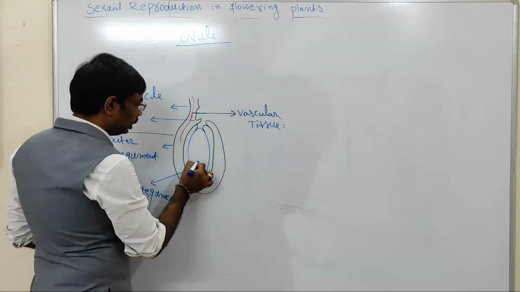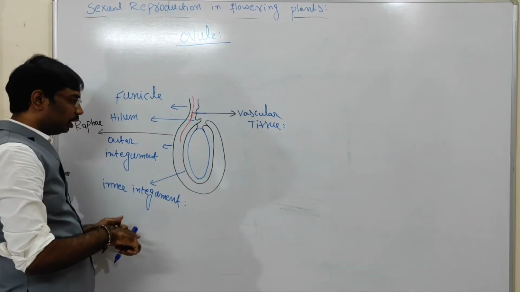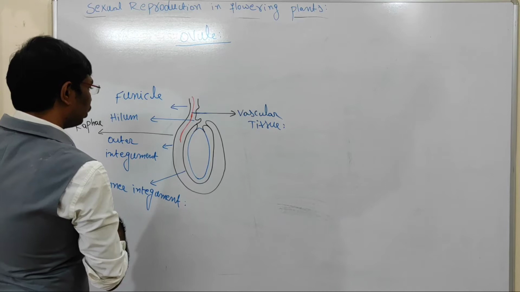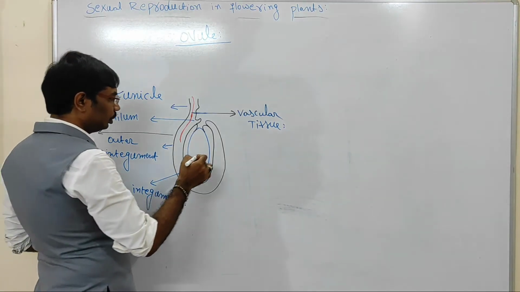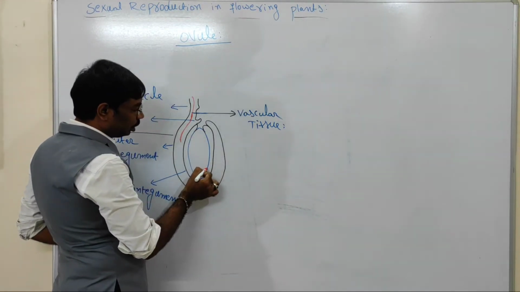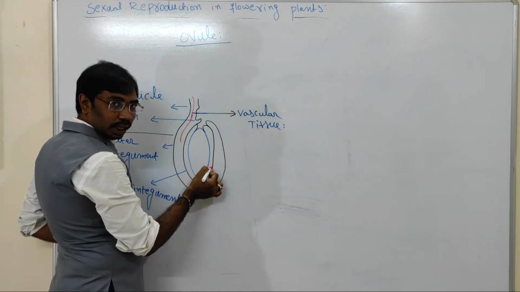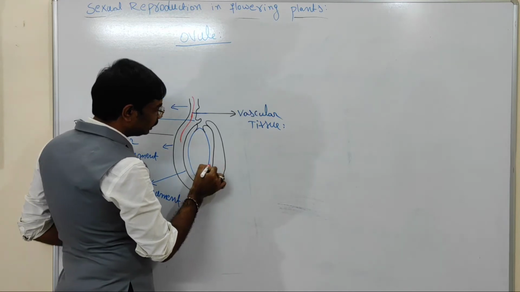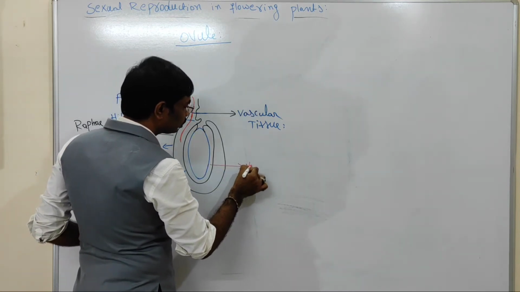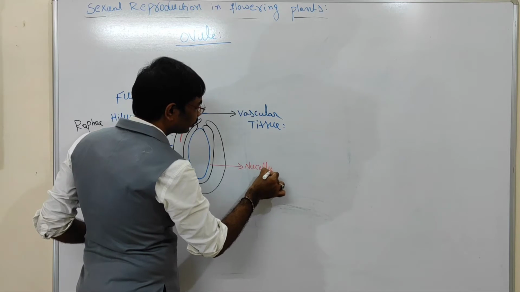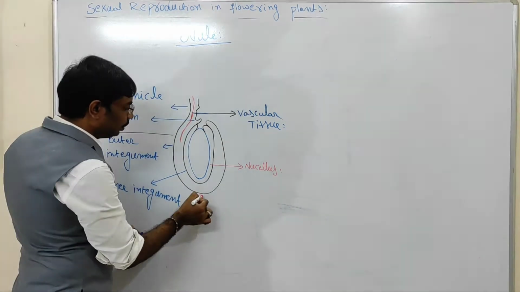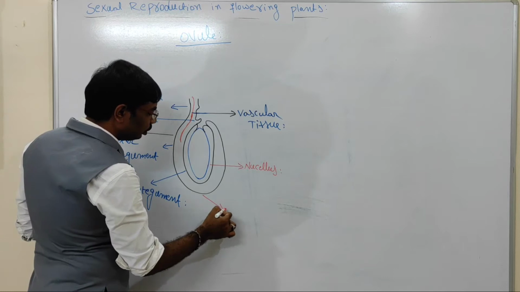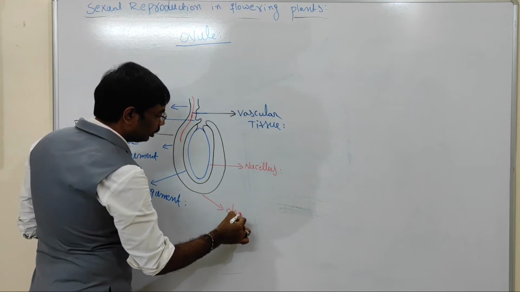Inside, this blue structure is called the embryo sac. The black line is the inner integument, and the blue line is the embryo sac wall. The region between them is called the nucellus. The base of the ovule is called the chalazal end.